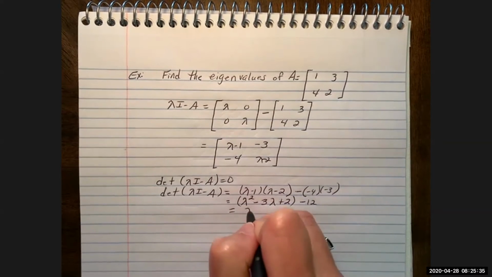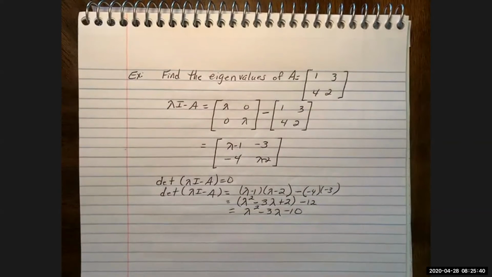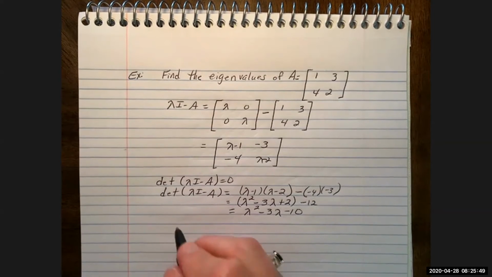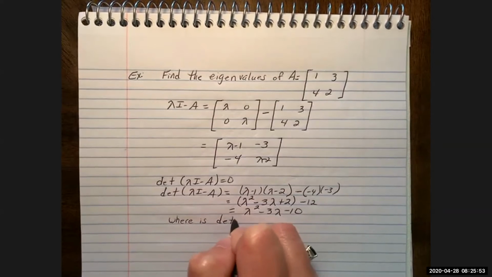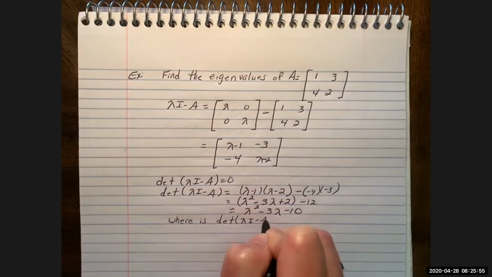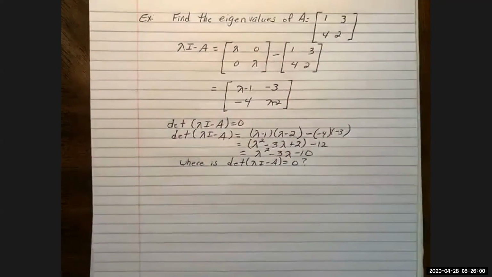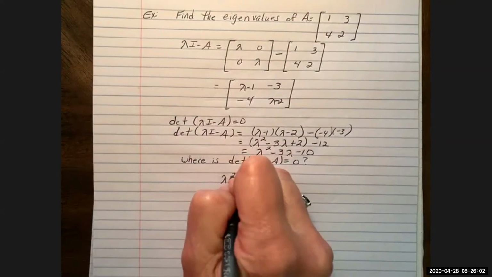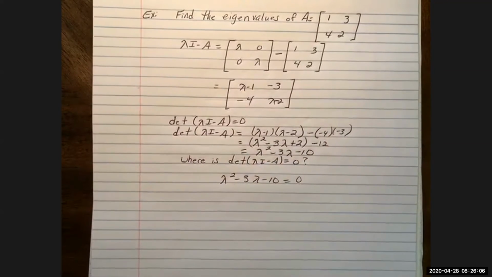And if you simplify that, lambda squared minus 3 lambda minus 10. So now we want to find out where that's equal to 0. So I'm going to take that polynomial, lambda squared minus 3 lambda minus 10, set it equal to 0.